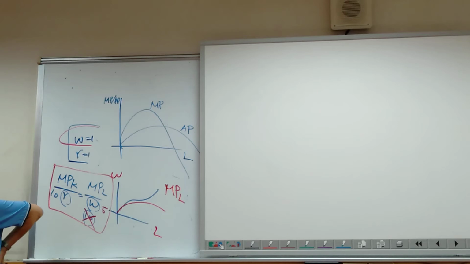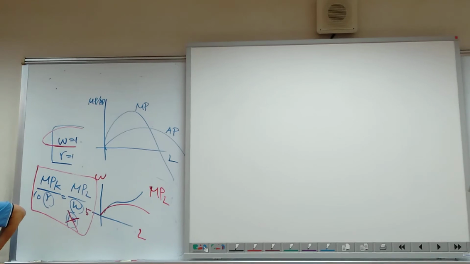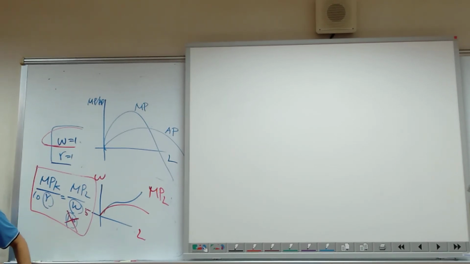Okay, let's get to question 11. This is a company, Letters Publishing, that has a production function F(L, K). Currently the wage rate is $10 and the rental rate for capital is 5.